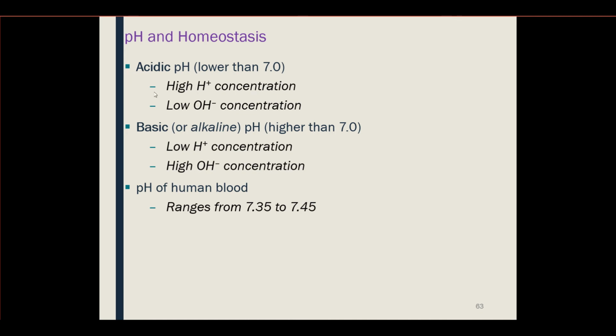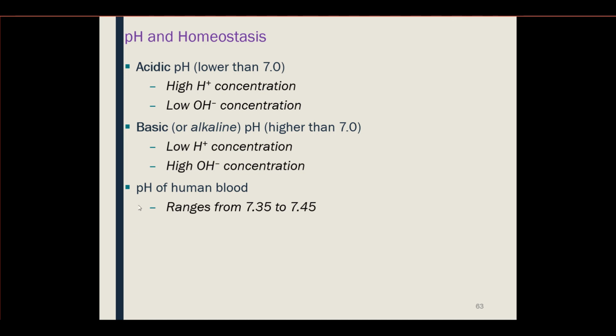On the other side of 7 is the basic or alkaline pH. Here we're going to see low hydrogen concentrations, but, highlight right here, high levels of hydroxide, OH. So the more OH we have, the more alkaline we're going to be.